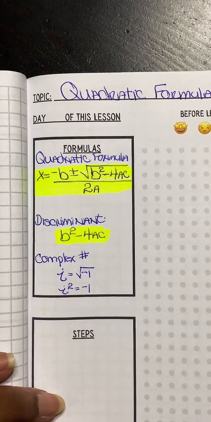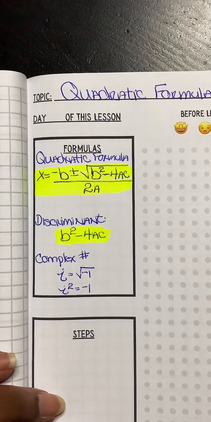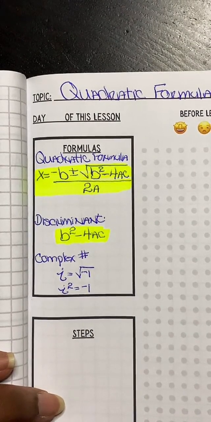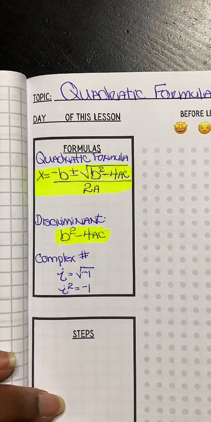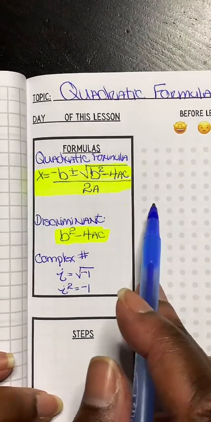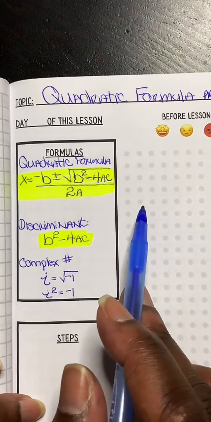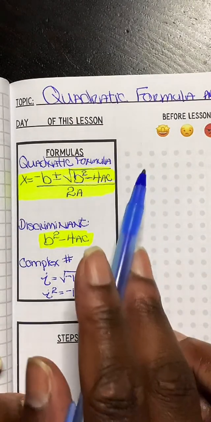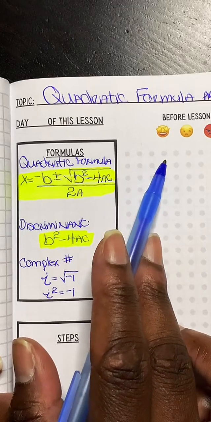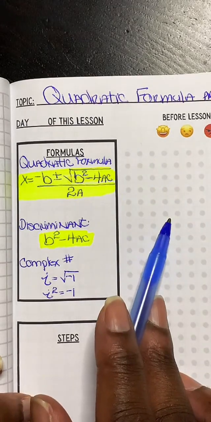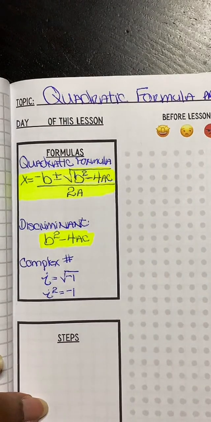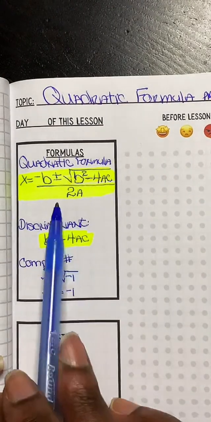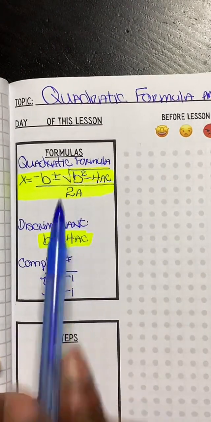We have done factoring when your leading coefficient is 1 and when it's not 1. But sometimes when you try to do the whole cross, you get to a point where you can't find the two numbers: what two numbers multiply to give me my AC and add to give me my B. Sometimes it doesn't come up so easily, so this is why we use the quadratic formula.